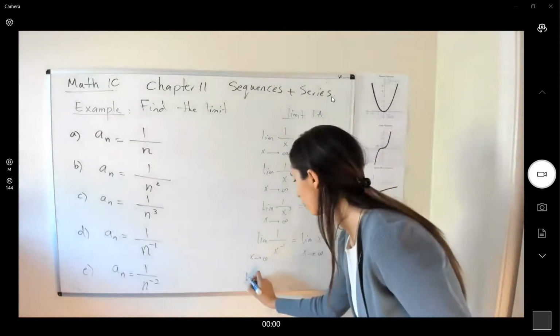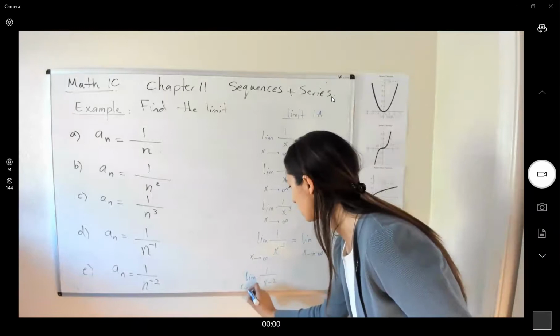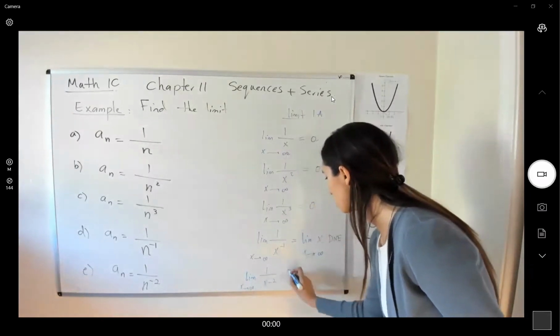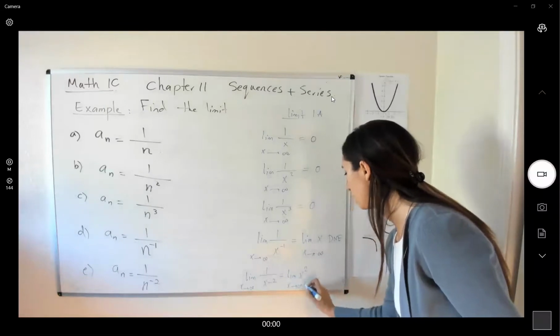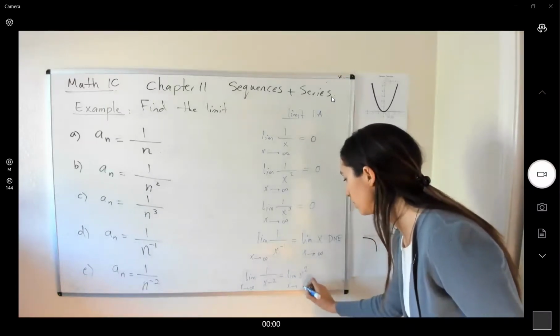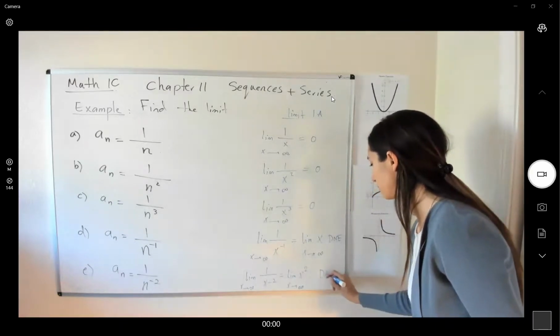And the same here for the limit of 1 over x to negative 2 while x goes to infinity. This is the limit of x squared, x goes to infinity. Again, if you're working with limit at infinity, you say that it is infinity or just doesn't exist.